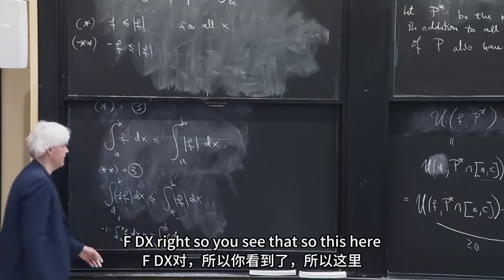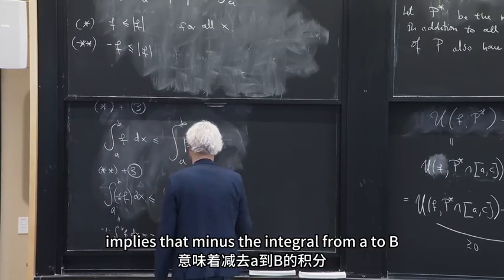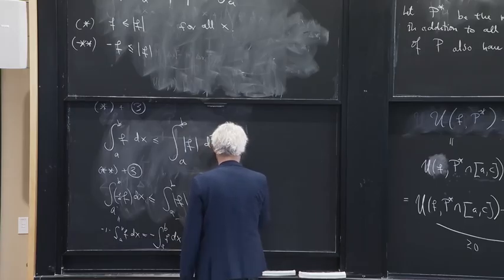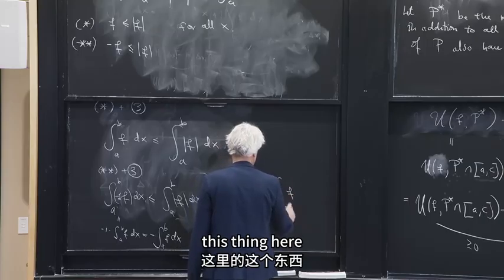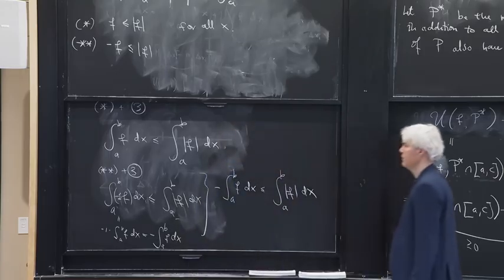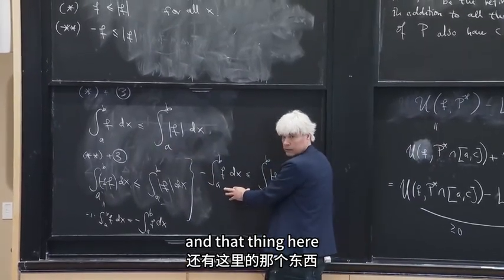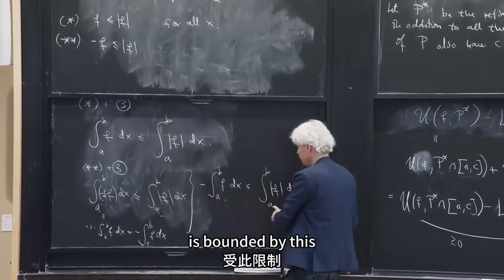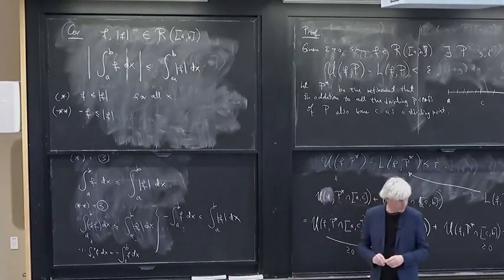So the second one implies that minus the integral from a to b of f dx is less or equal to this thing here. And so now you have this thing and that thing, and together it just means that the absolute value of the integral is bounded by the integral of the absolute value. And so that's really this corollary. Okay.